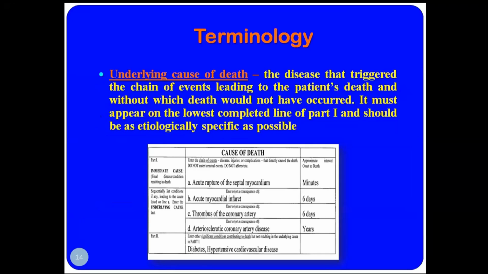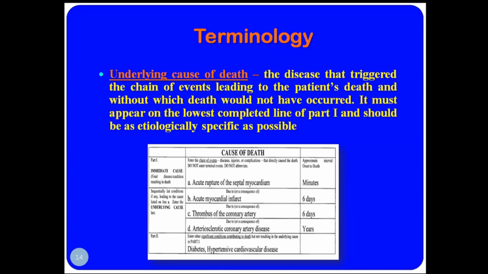It is the disease that triggered the chain of events leading to the patient's death, without which death would not have occurred. This is the underlying cause of death, the third line in part 1. It must appear on the lowest completed line of part 1 and it should be as etiologically specific as possible.